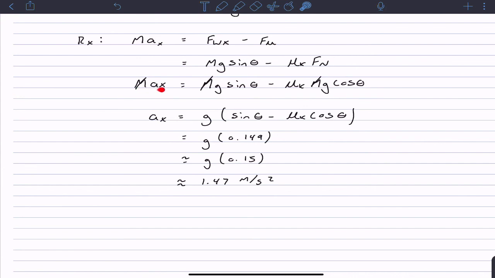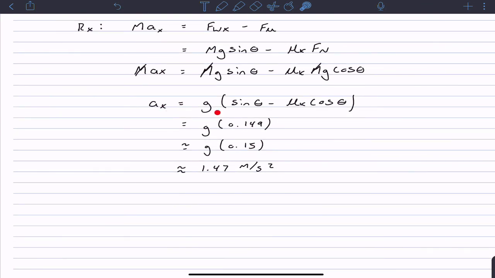Recall that when we set up our equation to solve for acceleration, we completely got rid of mass. So again, this does not depend on mass whatsoever. So if you took a more massive rider and put him on the sled, it's going to be the same as if you took him off completely, given the angle and the frictional coefficient. Okay.